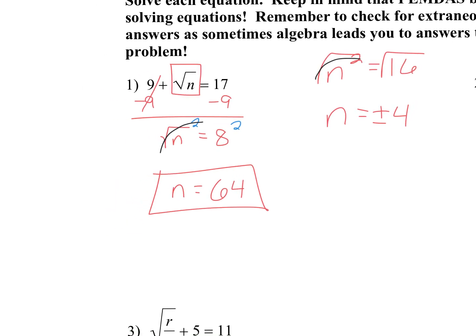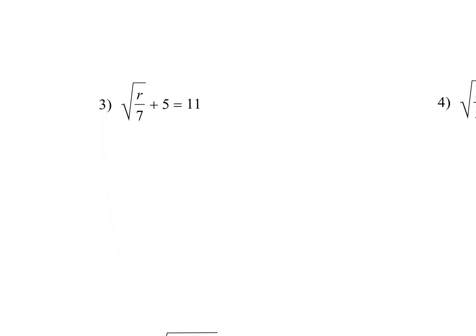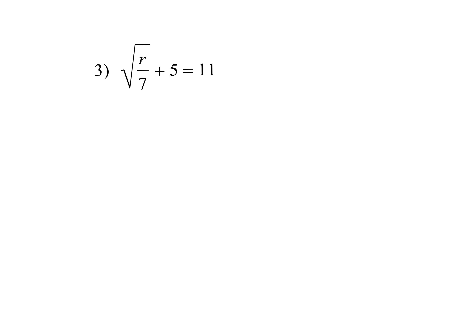Okay. Look at number 3. What's the first thing that we want to do? Subtract 5. Yep, we want to get the radical by itself, so subtract 5 on both sides. Okay. Radicals by itself. Now how do we get rid of the radical?